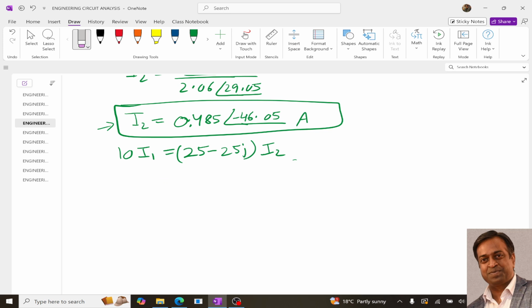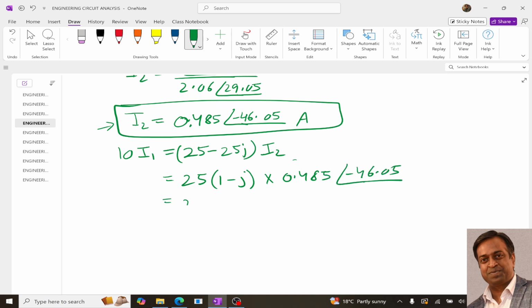So substituting this value of I2 over here, we will get I1 as 1.715, or let me show you the complete calculation just to avoid any confusion. So it will be 25 I minus J, and this is I2 is 0.485 minus 46.05, right? Now this 25, this I minus J, it can be converted into the polar form, and in polar form it will be root 2, angle is 45, right, into 0.485, angle is minus 46.